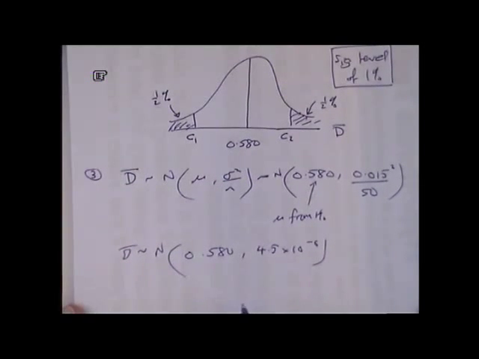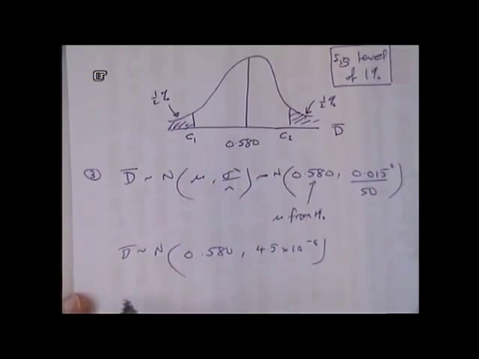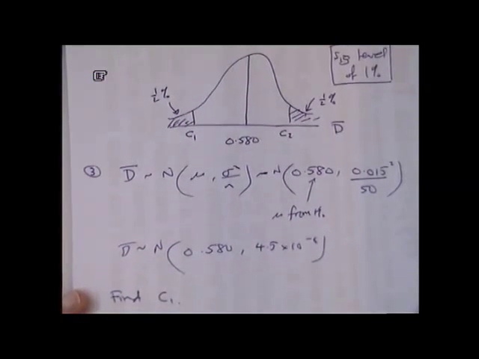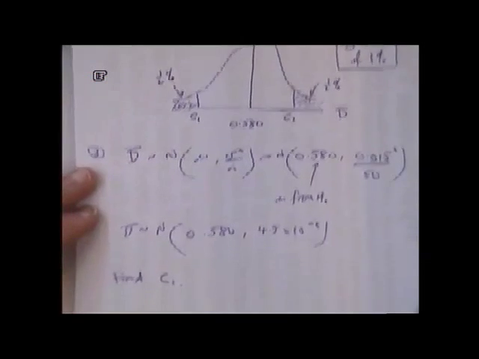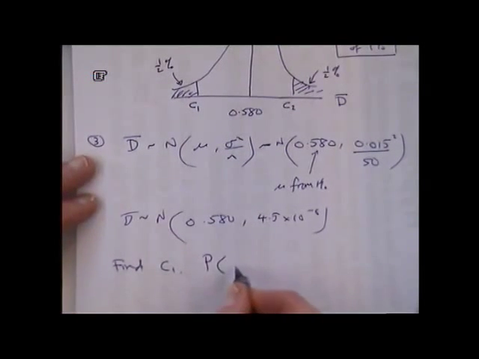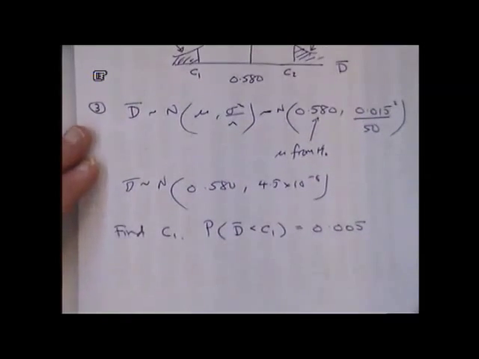Right, so Tom's already pointed out that the sample statistic is lower than this mean. So what we are going to do, first of all, is find C1. That critical value on the left is the one that we're interested in. Well, we know that the probability of D bar being less than C1 is going to be 0.5%, which as a decimal is 0.005.